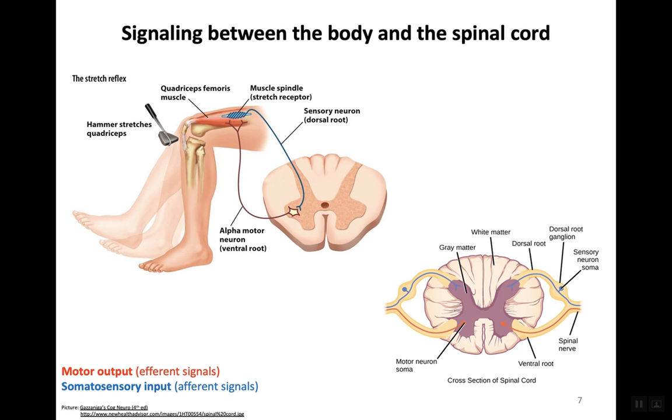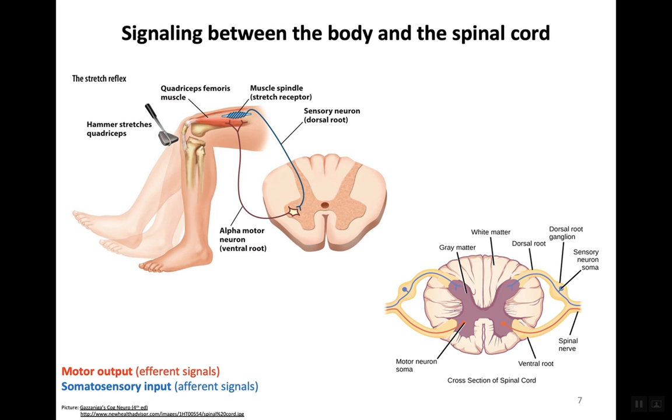You are applying external force on a tendon of the knee, the patellar tendon, which results in stretching the quadriceps muscle, and then the information about this stretch is sent by the muscle spindle and communicated via the dorsal horn of the spinal cord onto a motor neuron, an alpha motor neuron.